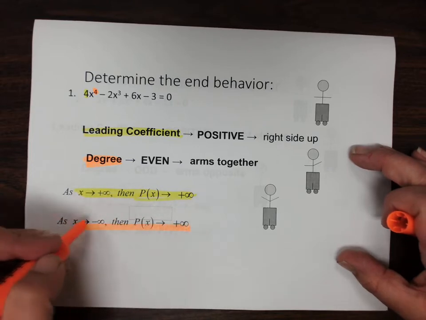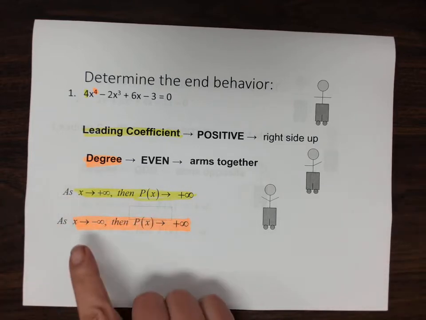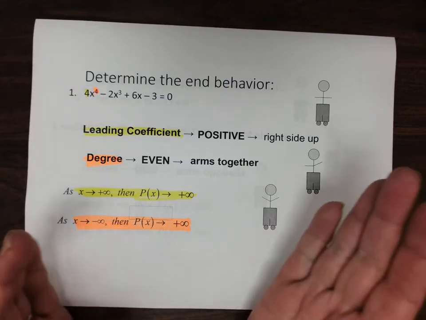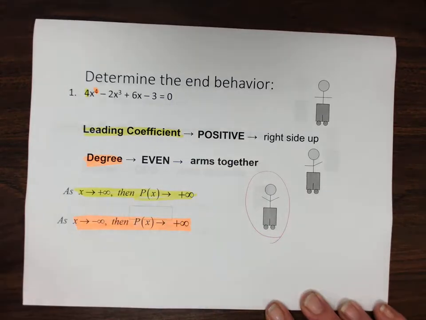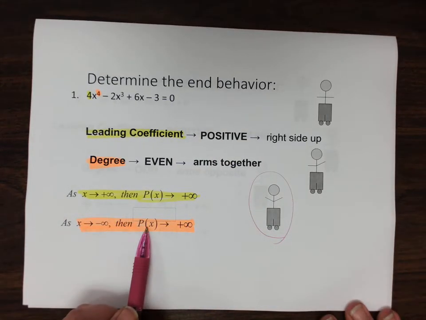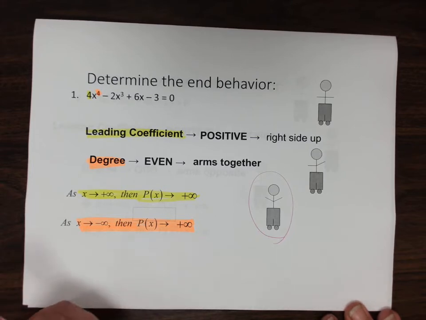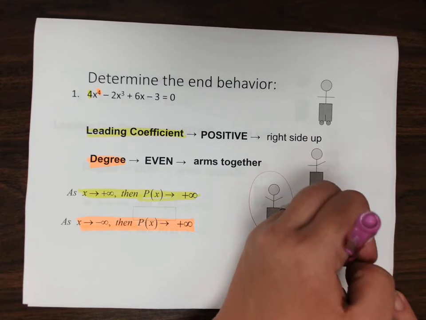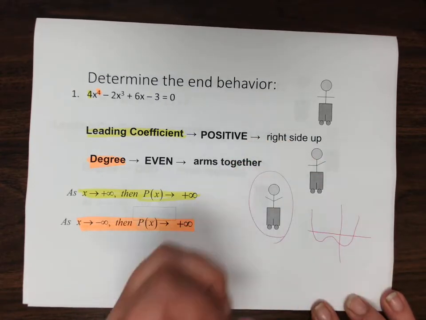Since it's even, we know it must have both sides going up, right? It's this kind of a picture going up and up. So as x approaches negative infinity, then p of x approaches positive infinity, right? And this is what we call a quartic graph. So it looks something kind of like this.